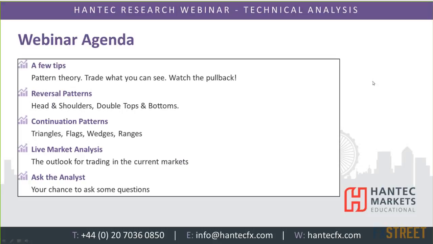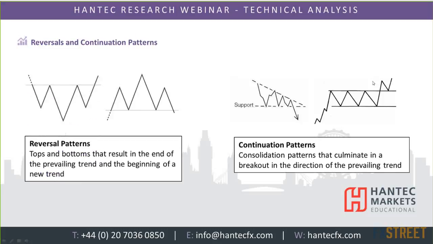And then you've got your continuation patterns, where you look at the likes of flags, triangles, and range breakouts. Your reversal patterns will be signaling the end of a prevailing trend, whilst the continuation patterns are a mid-range pattern, and they will signal the continuation of that prevailing trend.